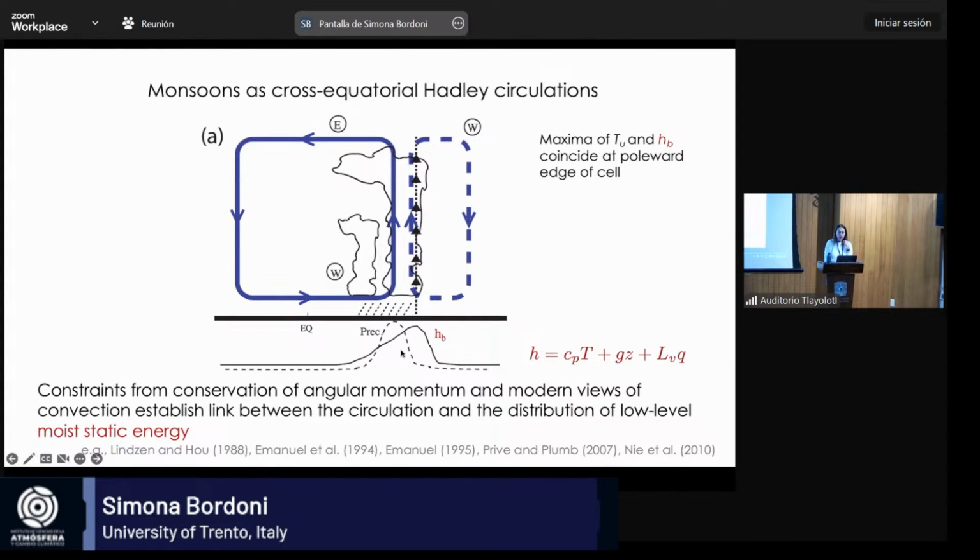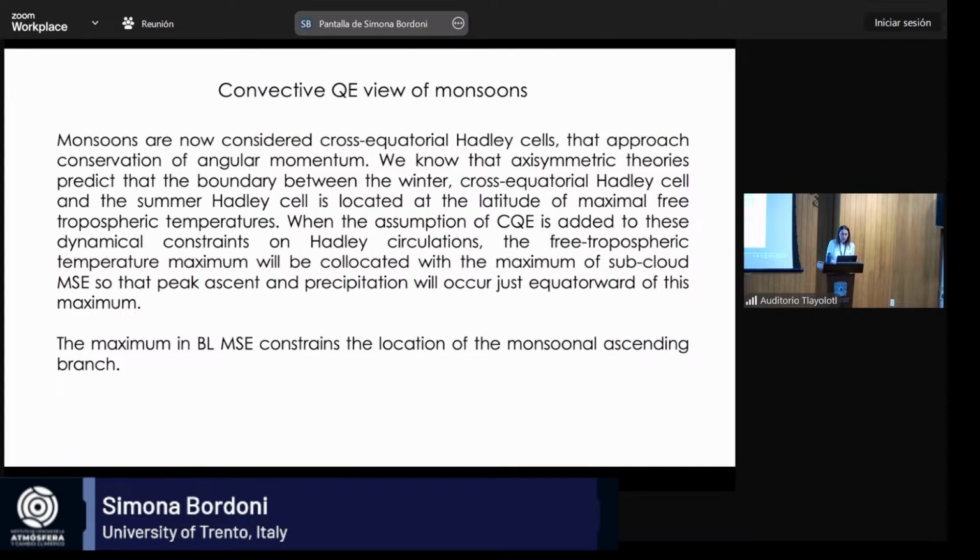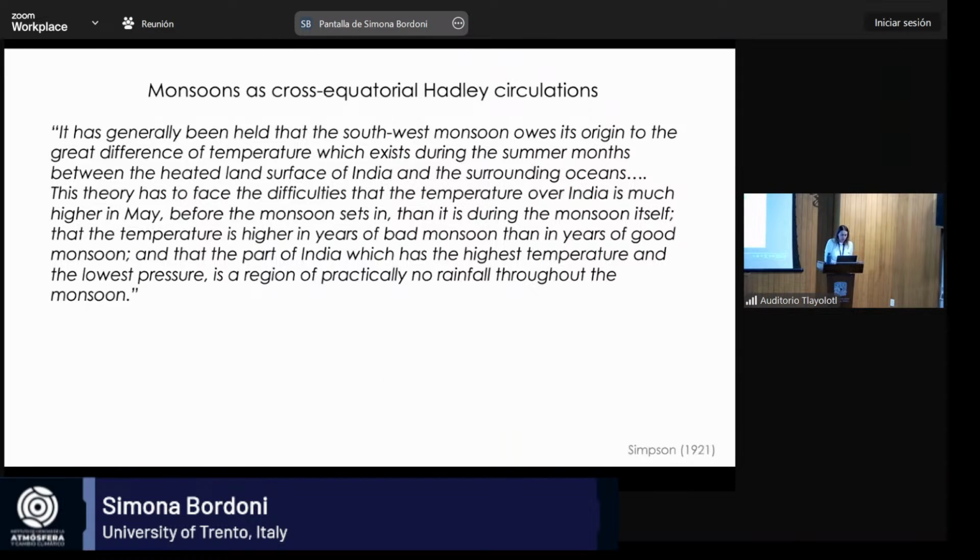In particular, we expect that the establishment of cross-equatorial Hadley circulations will be associated with the development of a subtropical maximum in moist static energy. And here I will try to convince you that in reality, that maximum, even in the observations, is really not associated with the development of temperature maxima, but moisture plays a very important role.